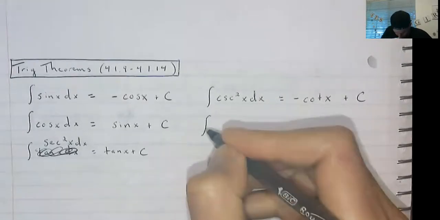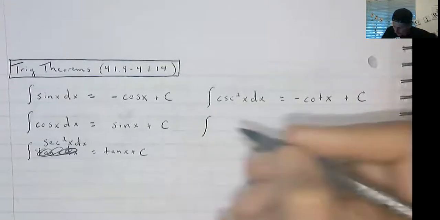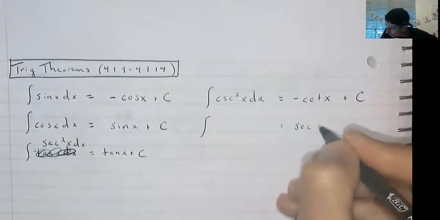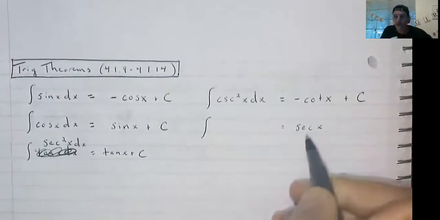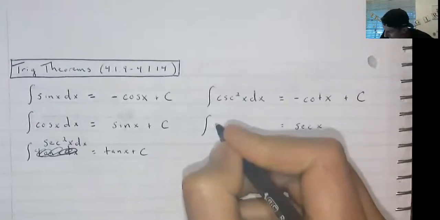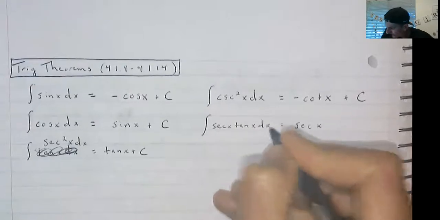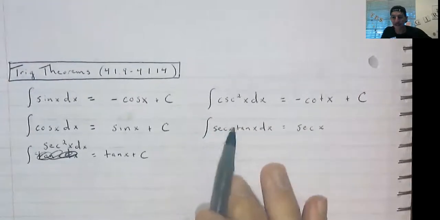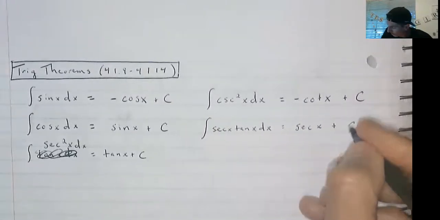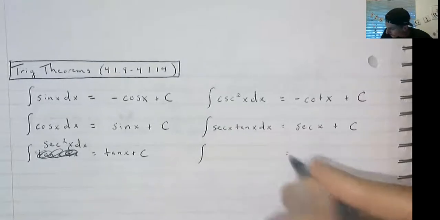Playing the same game again with the secant. The derivative of the secant is the secant tangent. And so the antiderivative of secant tangent is secant plus c. And then last one, the cosecant.